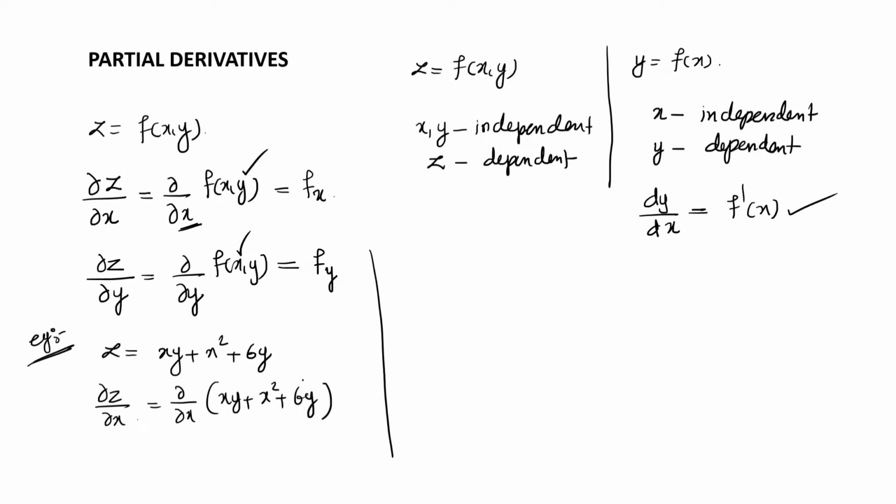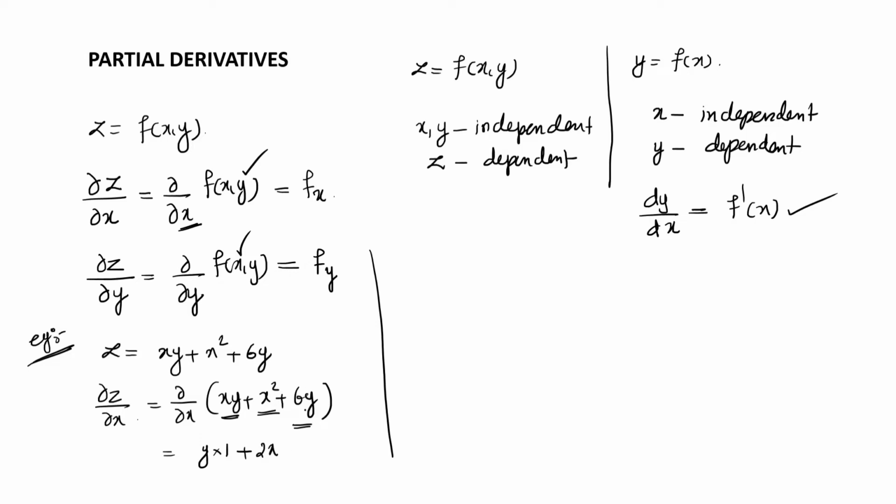We'll differentiate this separately. First of all, we have to differentiate xy, then x square, then 6y with respect to x. While differentiating xy, we'll take y as a constant, therefore we'll take y outside, so we get y into the derivative of x with respect to x, which is 1 itself, isn't it? Plus x square, its derivative is 2x.